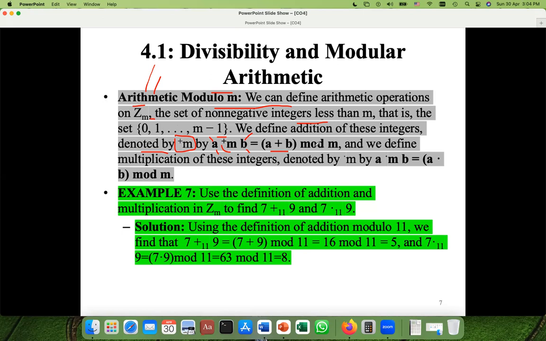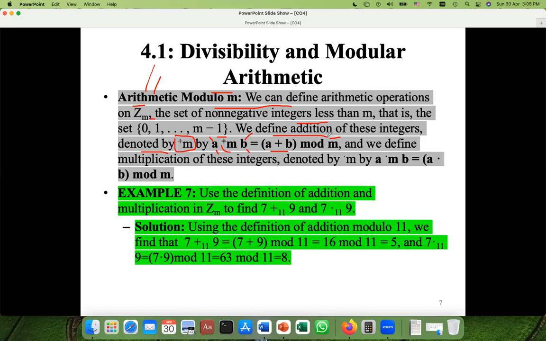That resultant value you have to divide by m, because it is modulo m. So you have to get the remainder and not the quotient. Whatever remainder you get, that would be the final result of this addition. So this is not a simple addition like you have in mathematics. This is different.